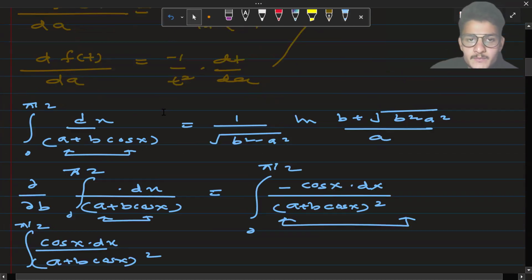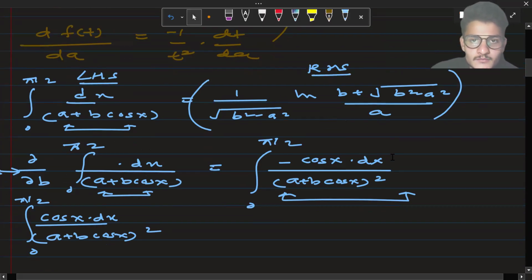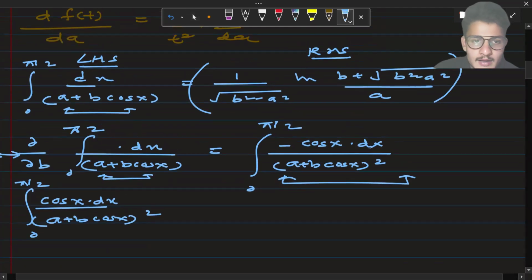So when we differentiate this with respect to b, here we have differentiated the LHS. This is the LHS, and we also need to differentiate the RHS. So when we differentiated the LHS, we get this result.